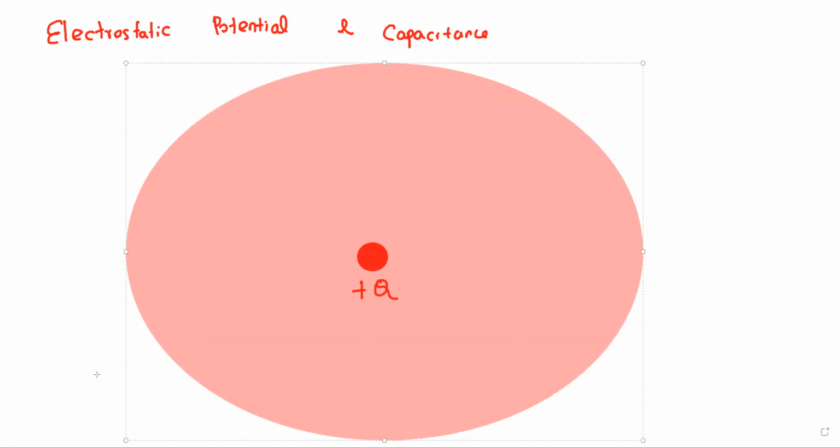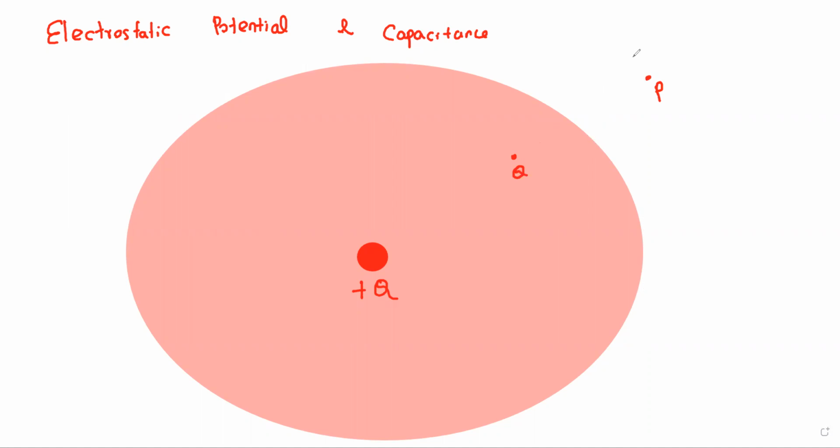Now if you want to bring a charge from somewhere else to a point here, say for example, let it be P. This point is P and this point I can say Q.